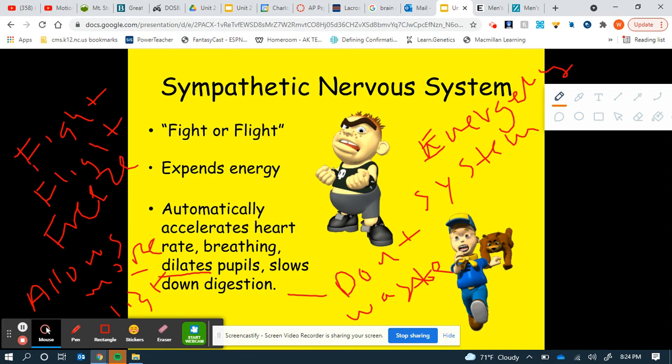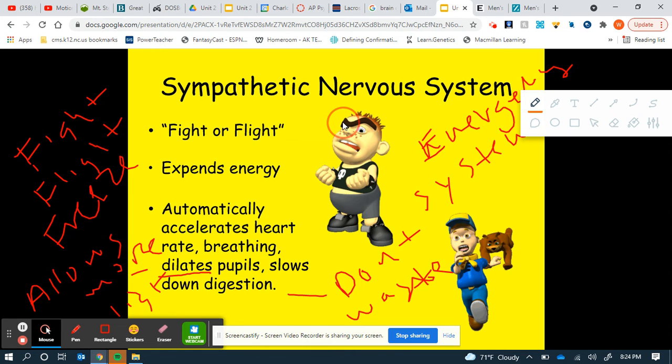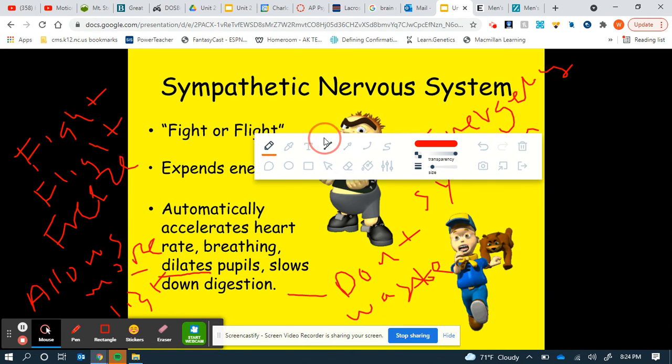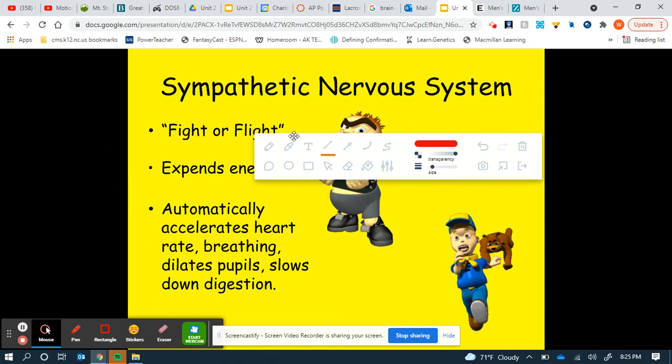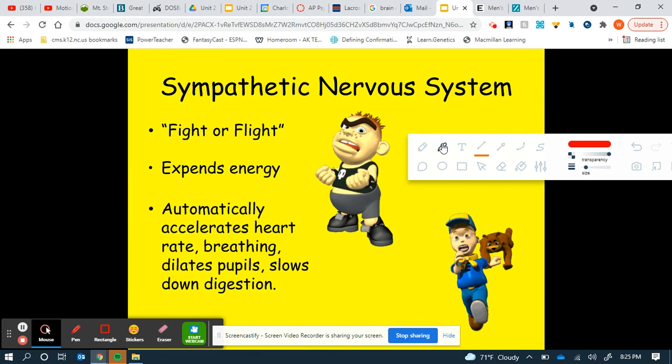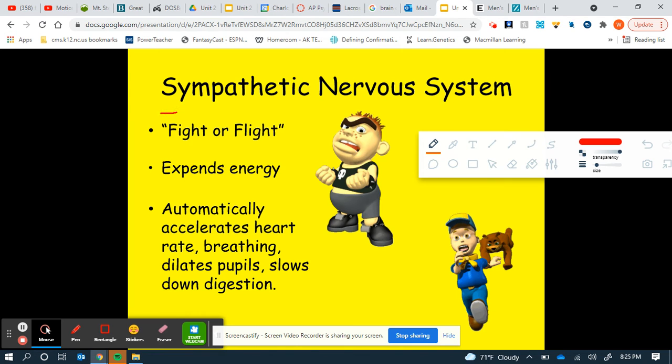A way to remember this is, and I know sympathetic sounds like it would be calming, but I don't know if my mnemonics always work, but sympathetic: S, you're scared or startled.